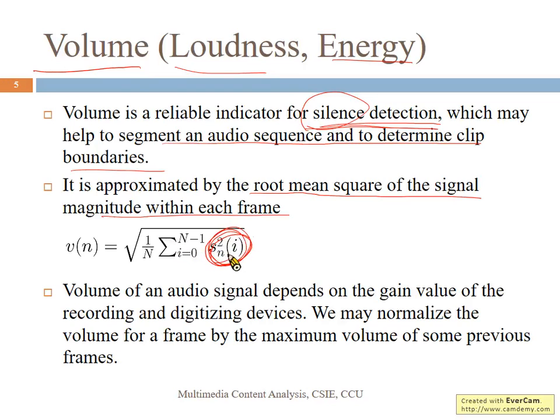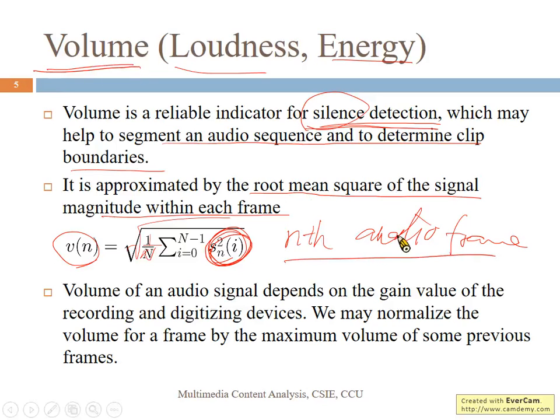We sum all of them, and then take the average and then take the square root. So for the nth audio frame, it's quite simple to calculate the volume feature. We just sum the squared sample values, then take the average, and then take the square root.